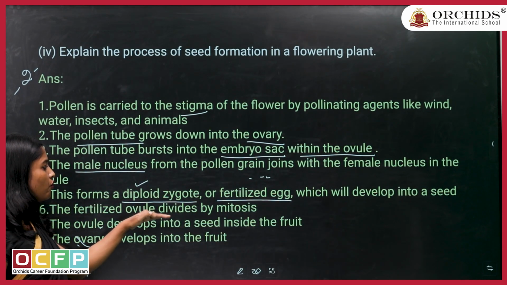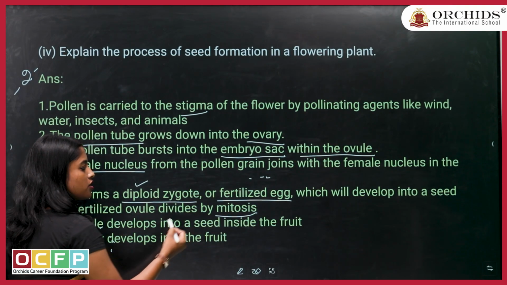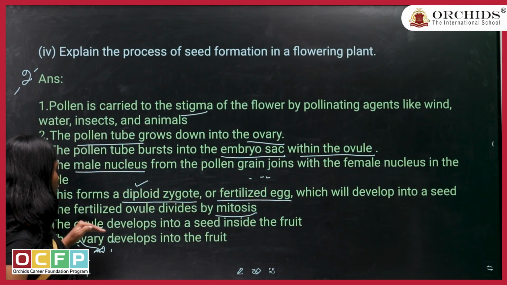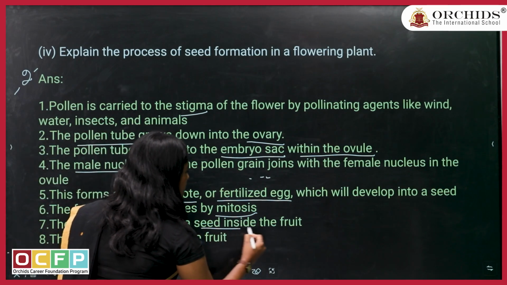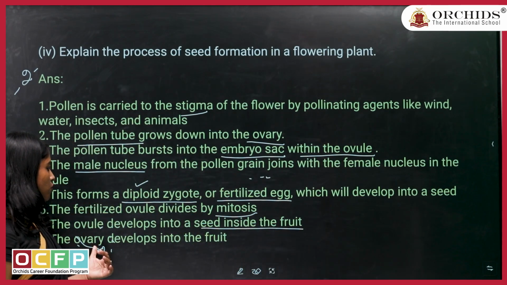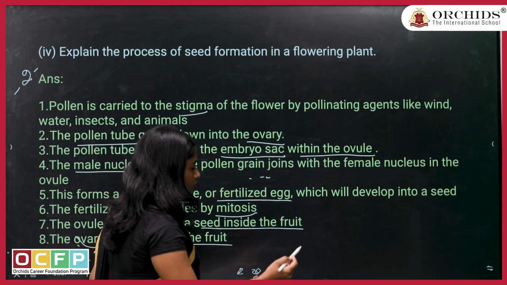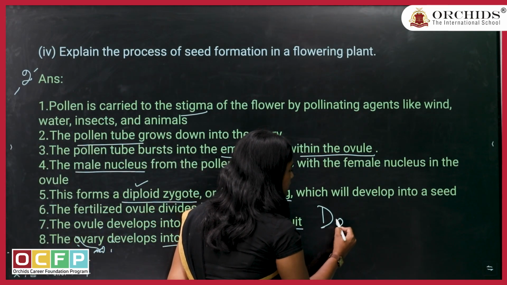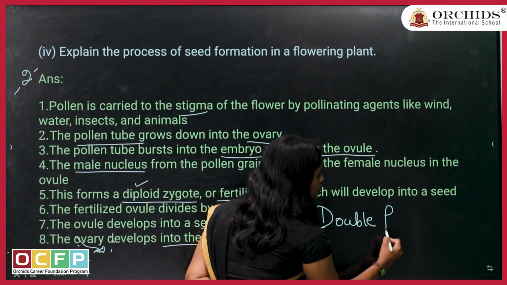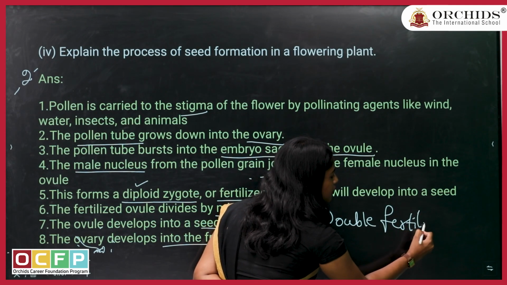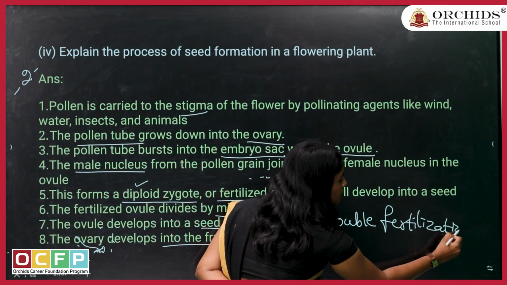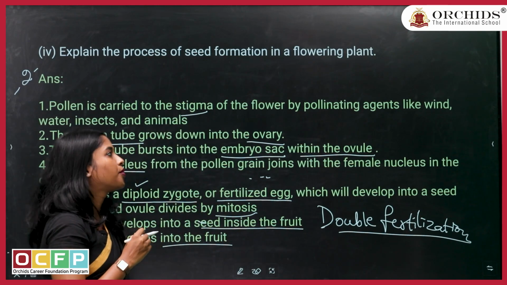The fertilized ovule divides by the mitosis process. Then the ovule develops into a seed inside the fruit, whereas the ovary develops into fruit. You might be knowing double fertilization. That answer you are supposed to write here along with the pollination process.